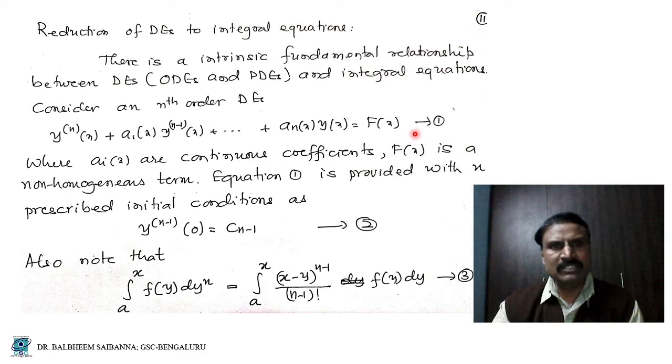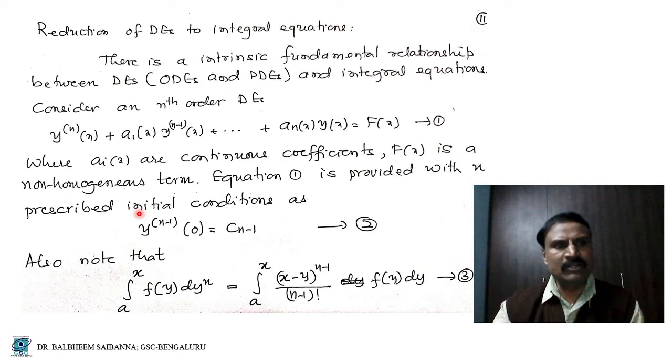This is called equation number 1, where the ai of x are a0, a1, a2, a3 and so on up to an. The ai of x are continuous coefficients. f of x is a non-homogeneous term.